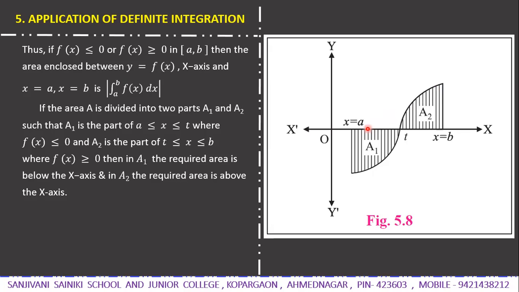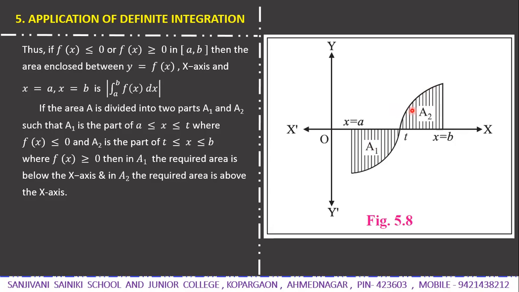Then you may get trouble in solving such type of examples. So how to solve these examples? We will make two parts of these areas, the part which lies below the x-axis and the part which lies above the x-axis. Then we will find this area, then we will take its magnitude because area is never negative.